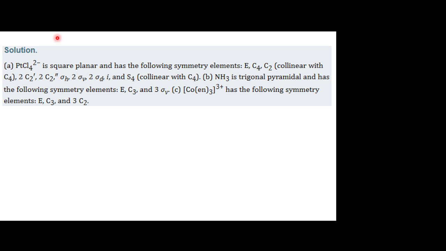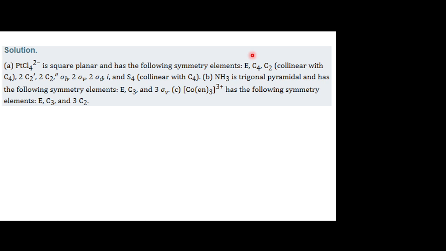If we look at PtCl4, this is going to be square planar. The elements it will have: you always have identity, E. Everybody okay with that? Next, with four items around and the molecule being square planar, that one's going to have your C4.